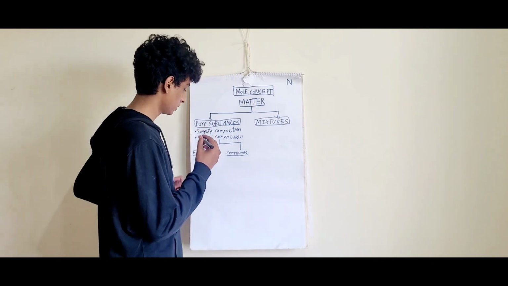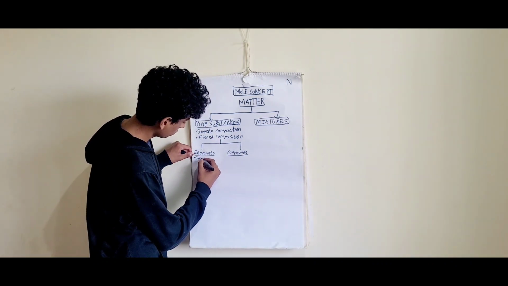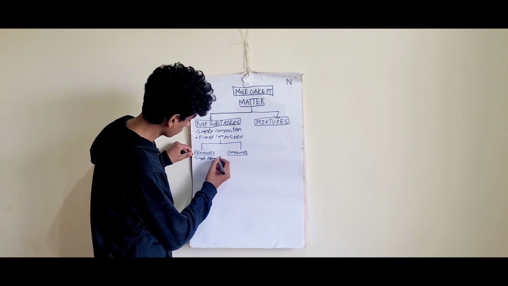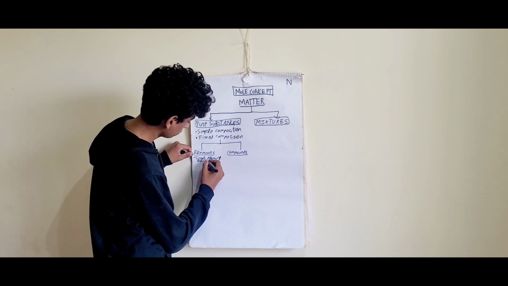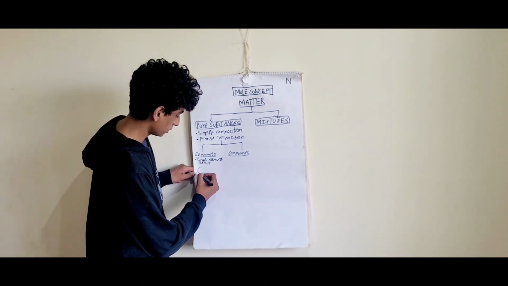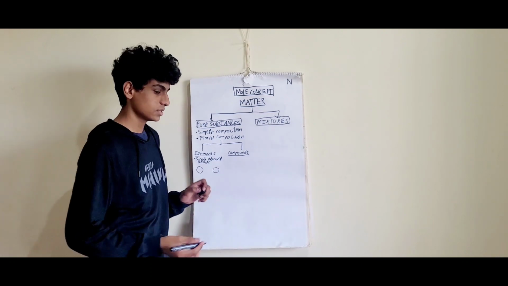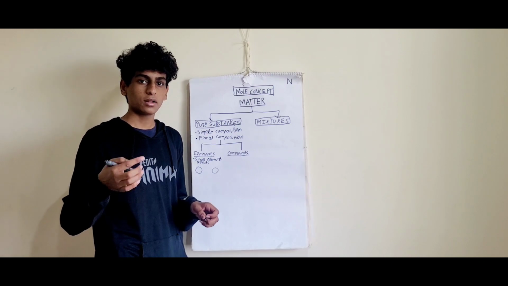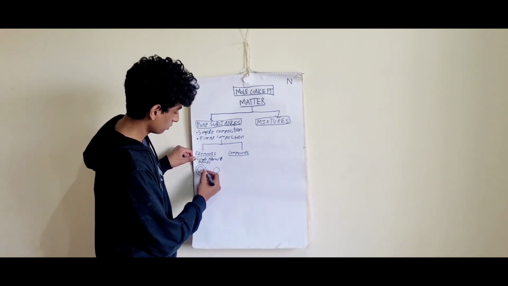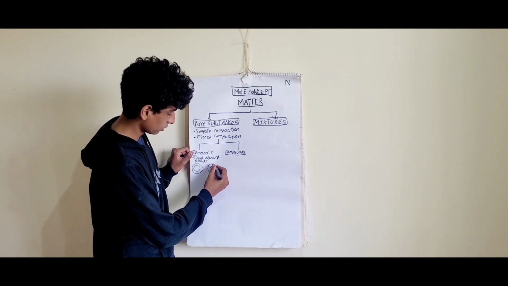So in elements we have single element bonds. If you see a hydrogen atom, the valency of hydrogen, you need 2. The first shell of hydrogen needs 2 to be stable. Even this one also needs 2 to be stable.